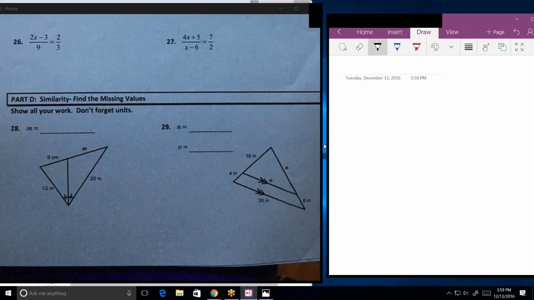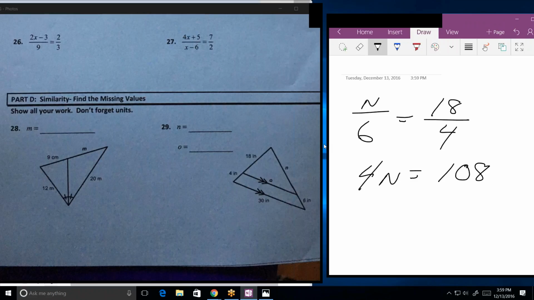Is n to 6 equal to 18 to 4? Gosh, I'm not sure. Yes, it is, isn't it? That would have been far simpler. It would have been, but it may not be true for all the other ones.